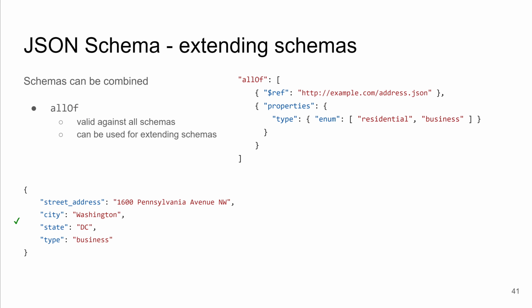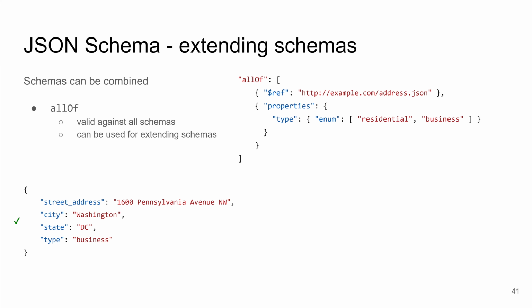And that is the all-of construction that we just talked about, because we can combine all-of with a reference to an external schema. For instance, here, if we want to add the type key with business or residential possible values, we can do it by saying that the instance needs to be valid against all of the following schemas.